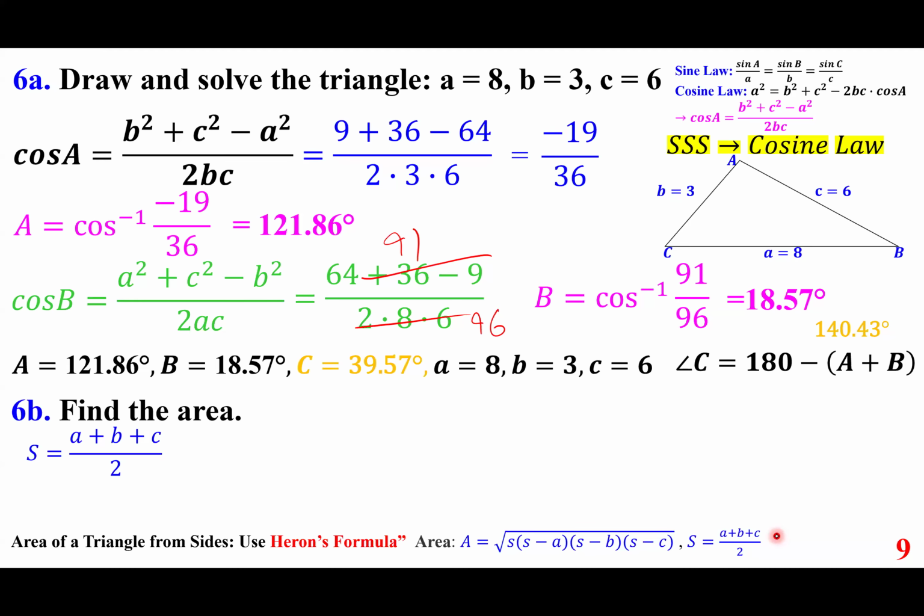That means 8 and 3 and 6. 11 and 6, 17 divided by 2 is 8.5. Put it into the formula that you have here.